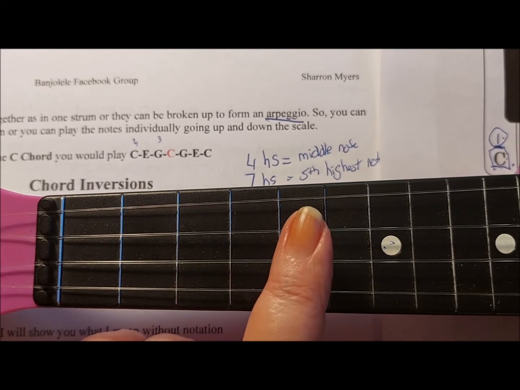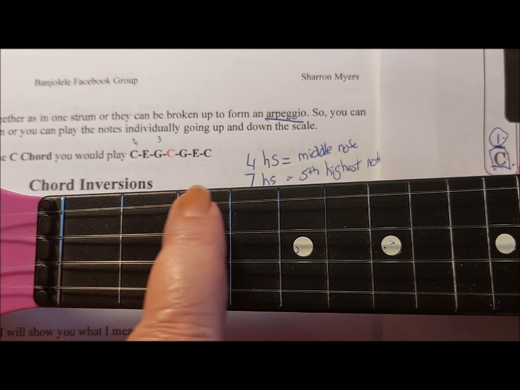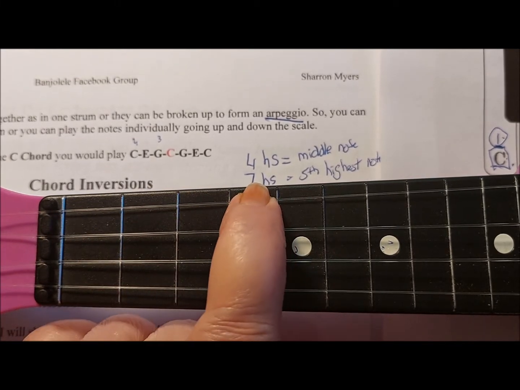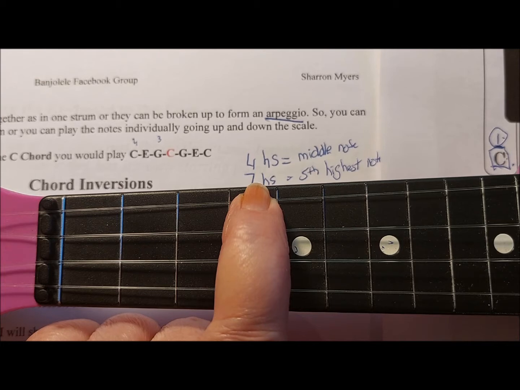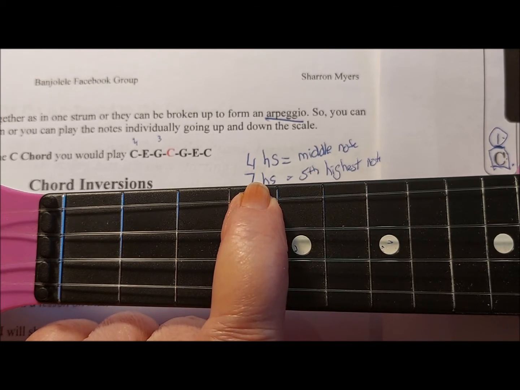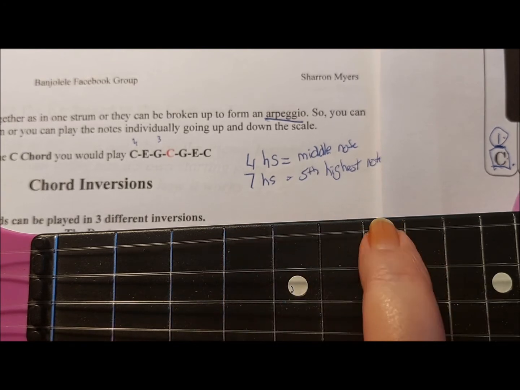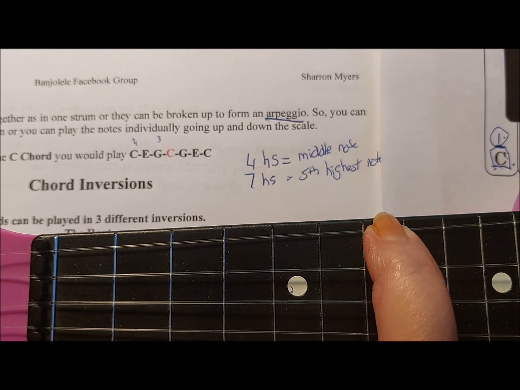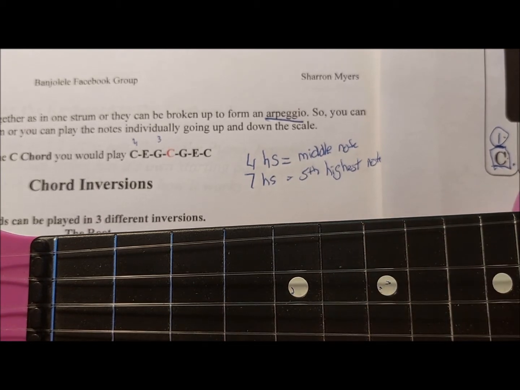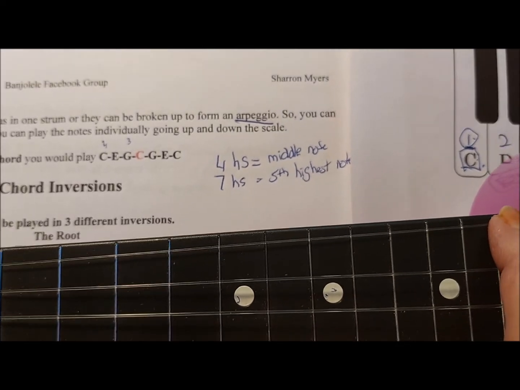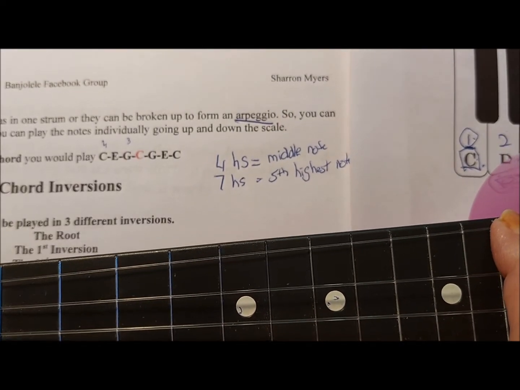It's not a good tuning, but I'm showing you that. 1, 2, 3, 4 is your middle note on the banjolele. 7 is your highest note. And 12, which I believe was there, because there's no marking on this one. It's a cheap little $2 ukulele.